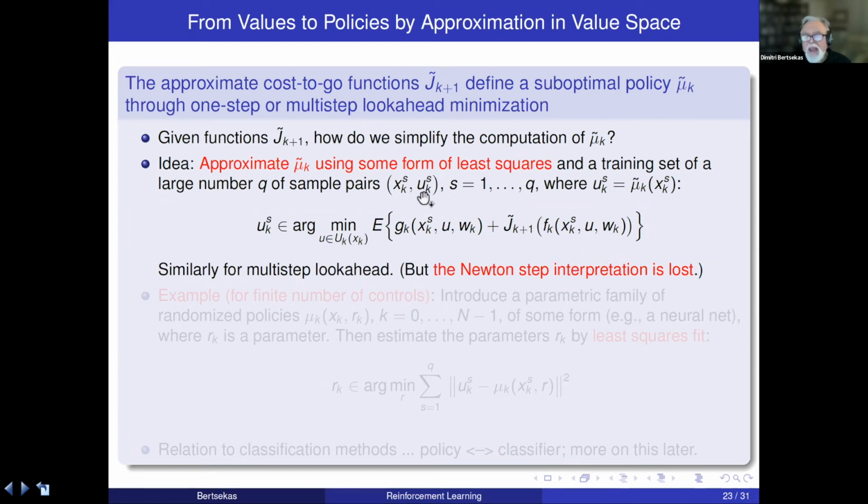So we obtain data of state-control pairs. This is not the entire control function, the entire policy, but it is data relating to that policy. And then we do some kind of training offline to obtain an approximation to this mu tilde policy.